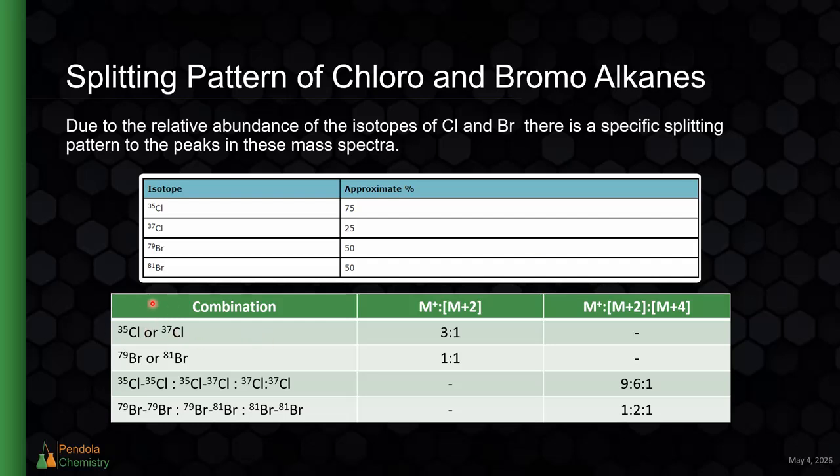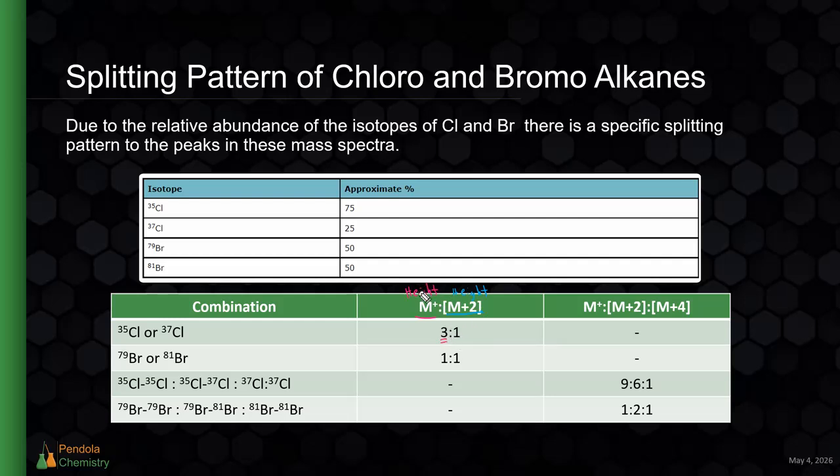If there's only 1 chlorine, then we're going to get a 3-to-1 height, meaning that the n+ peak height will be 3 versus the n+2 being 1. So we're in a 3-to-1 ratio. The n+2 peak will be 1/3 the height of the n+ peak.